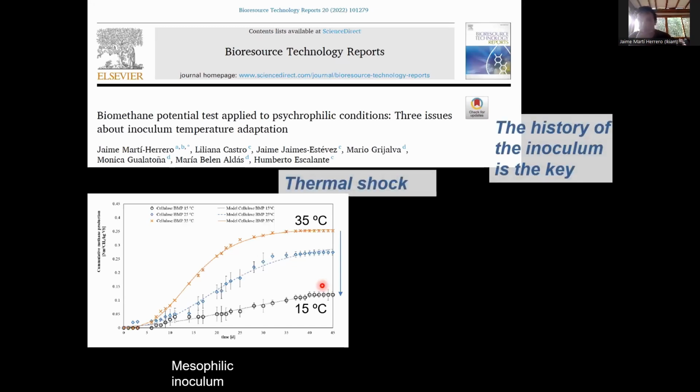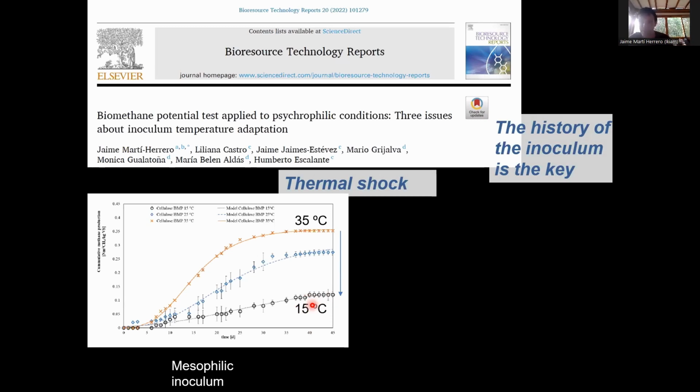For example, here we published a paper where we took an inoculum, a microorganism consortium, that had been working before at 35 degrees. We gave them paper to eat. What we found is that these microorganisms were working very well at 35 degrees, that is the temperature that they were living at before. And when we go down with the temperature, they were producing less and less methane.